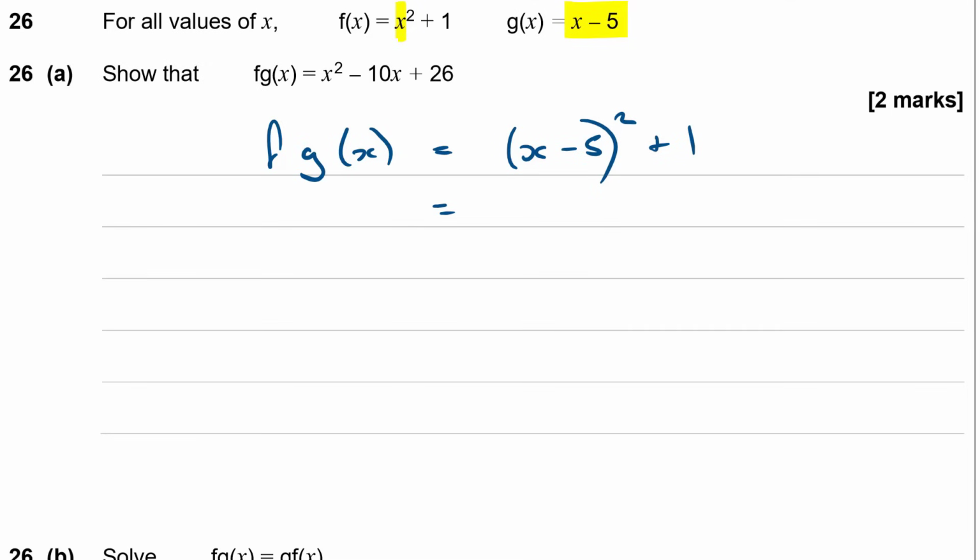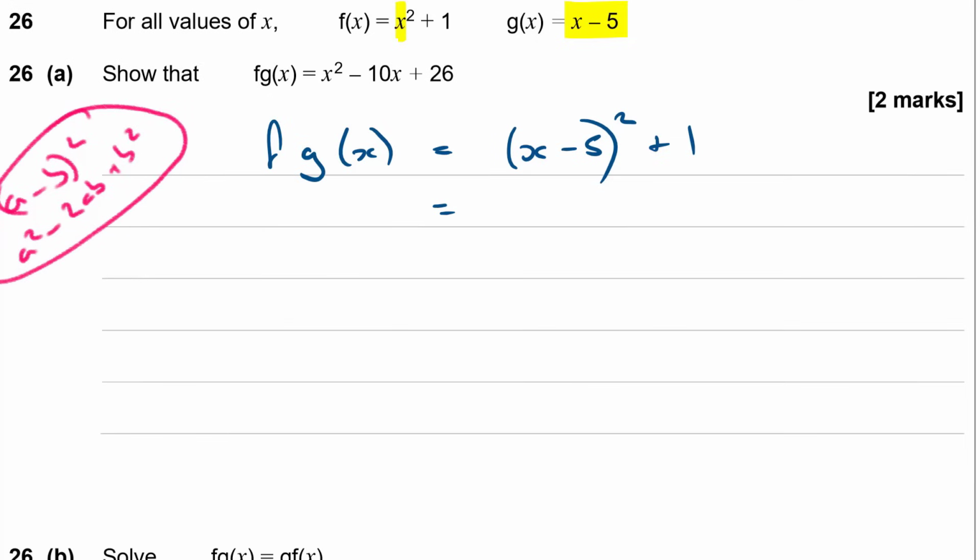Now last time I did this, I did it the long way, but this time I'm going to use the identity. If I've got a minus b all squared, then that is a squared minus 2ab plus b squared. This is a very useful identity to remember. It makes multiplying out these things a lot quicker and easier.